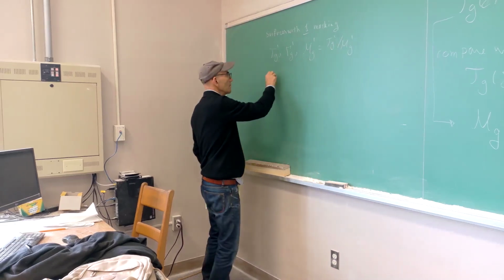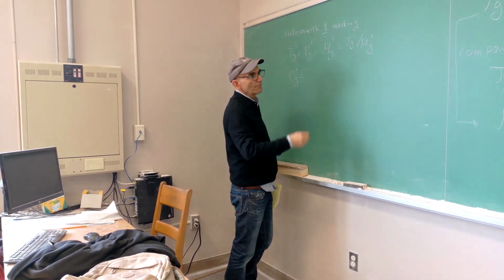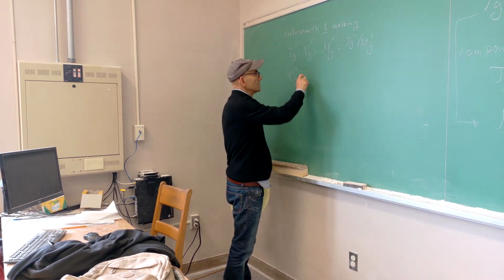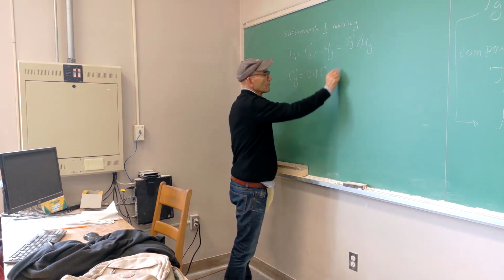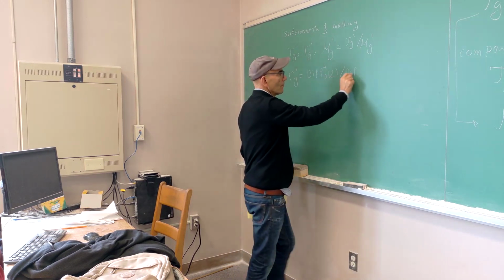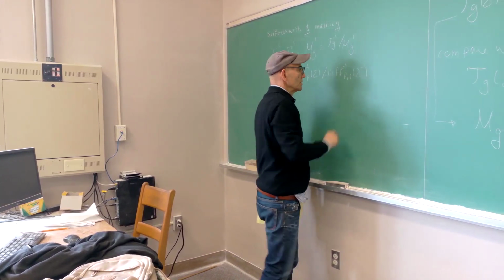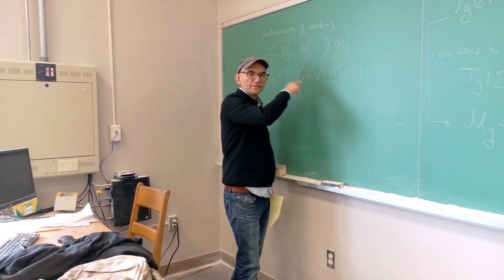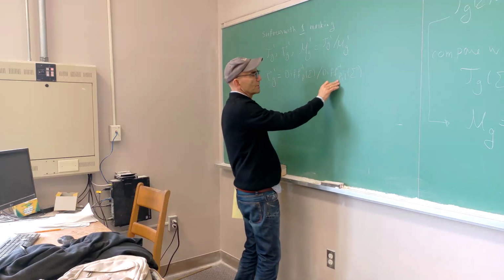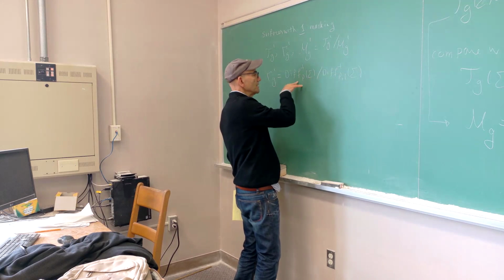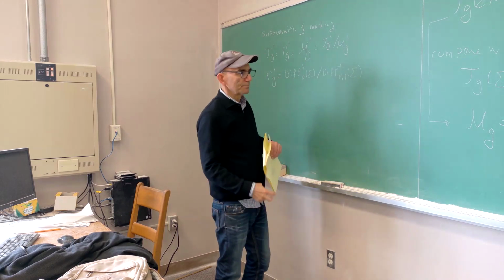So for example, this Gamma_g1 is the diffeomorphisms that preserve this point P. Everything is for the marked surface, and this is the connected component of identity of this group. So obviously this is a subgroup of the mapping class group of sigma.